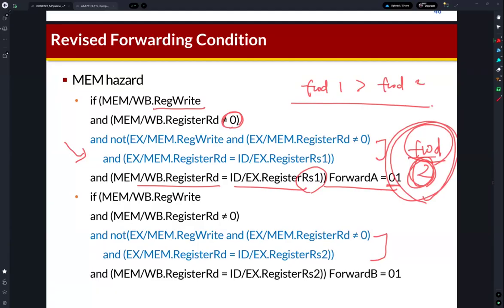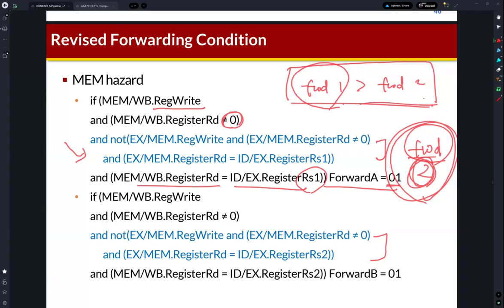When we design the control unit, we can simply implement this priority using if else. What does that mean? I mentioned that the priority of forwarding case 1 is higher than that of forwarding case 2.